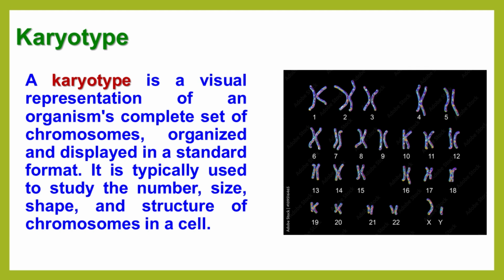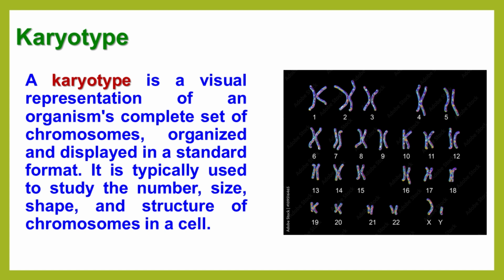A karyotype is a visual representation of an organism's complete set of chromosomes, organized and displayed in a standard format. It is typically used to study the number, size, shape, and structure of chromosomes in a cell.